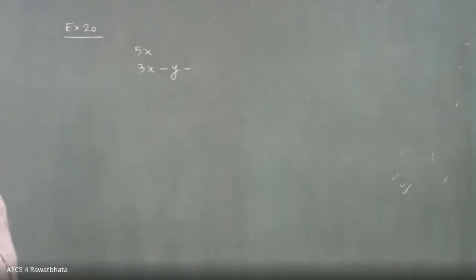Gauravi, please. If the lines 2x plus y minus 3 is equal to 0, 5x plus ky minus 3 is equal to 0, and 3x minus y minus 2 is equal to 0 are concurrent, find the value of k. Okay, can you repeat the equations, Gauravi?